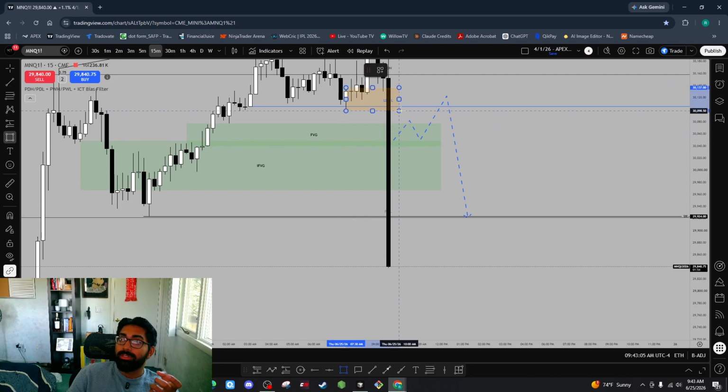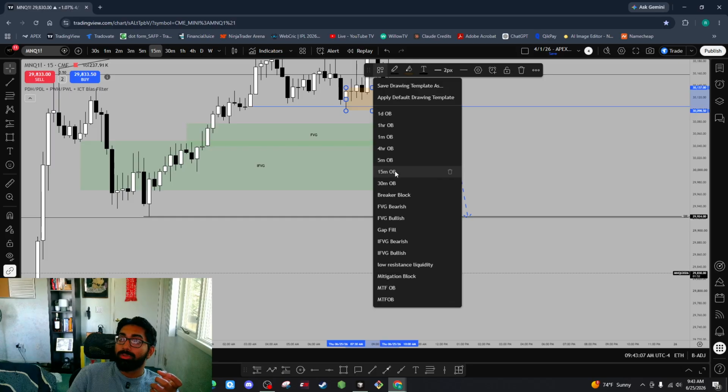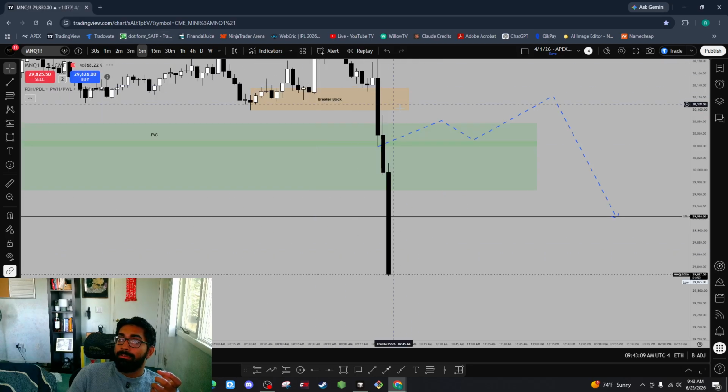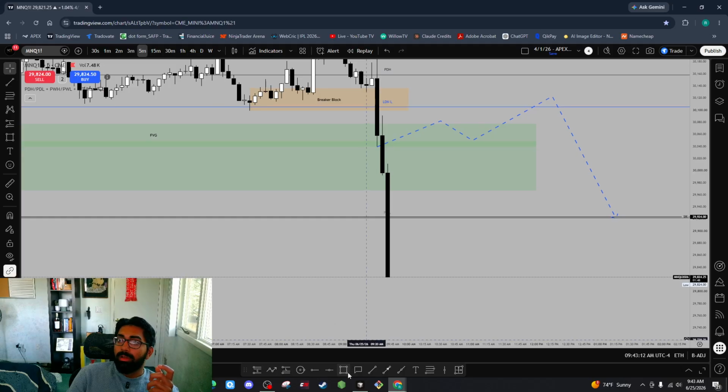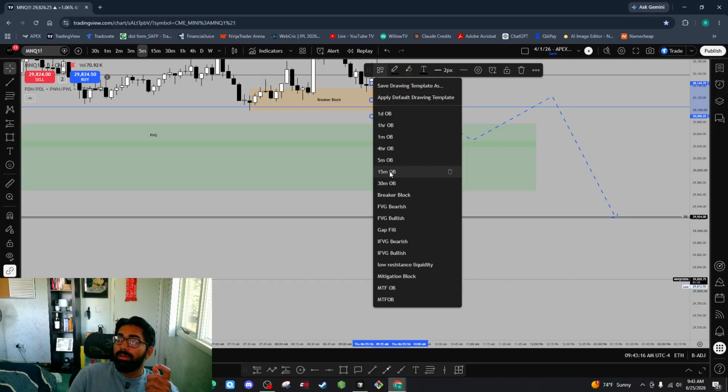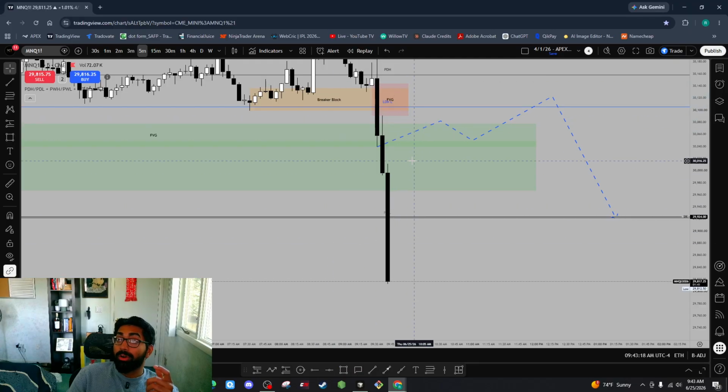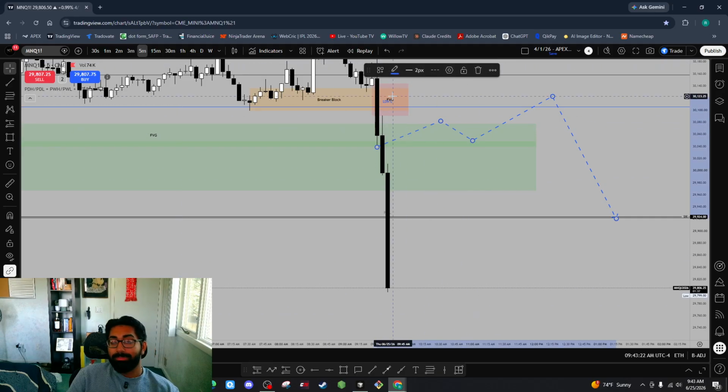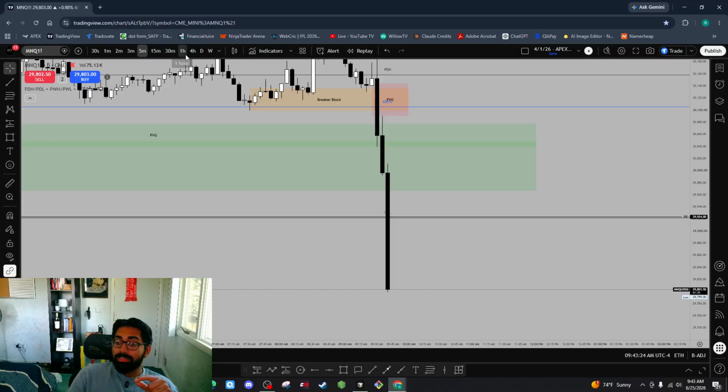So this candle would be considered a breaker block candle. Do we want to return to that breaker block, filling this perfect 15-minute bearish fair value gap right here? Do we want to return there and then continue our downtrend? So that's option number 2.